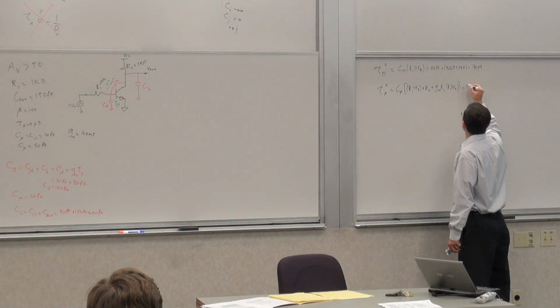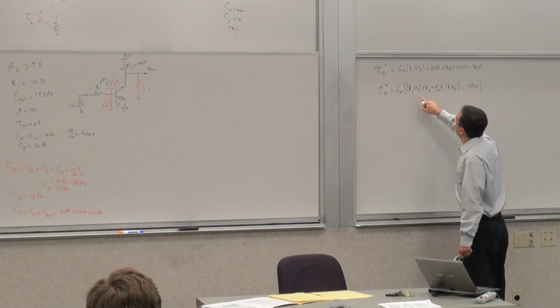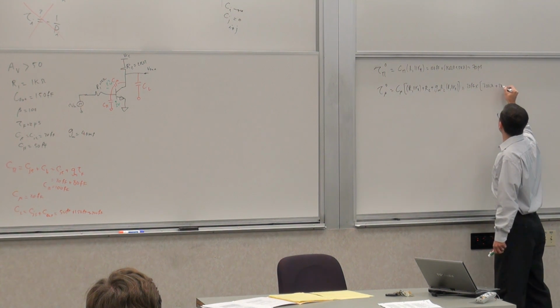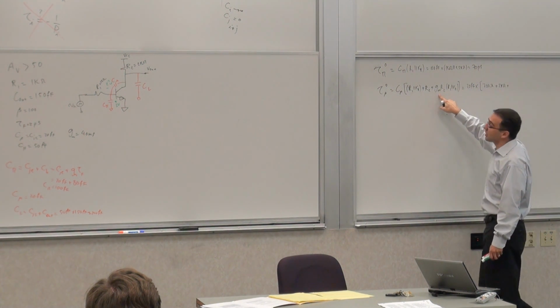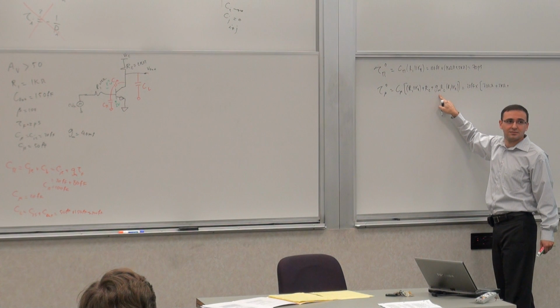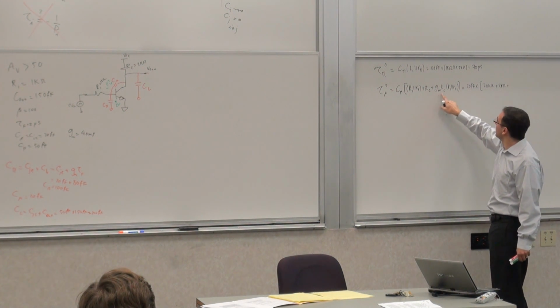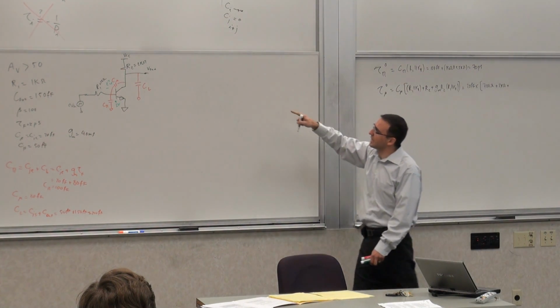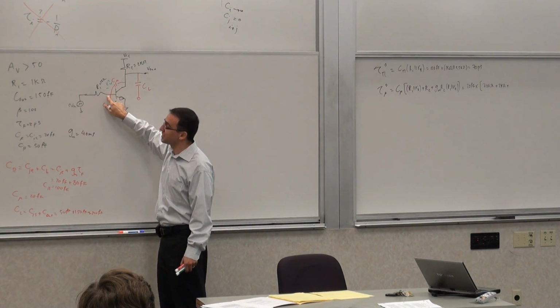So it is 20 femtofarads times this one, 700 ohms, plus that one, 2 kilo ohms, plus GM R2, which is 80, the intrinsic gain of the amplifier. By the way, the overall gain of the amplifier is a little bit less than that because you have a voltage divider at the input.